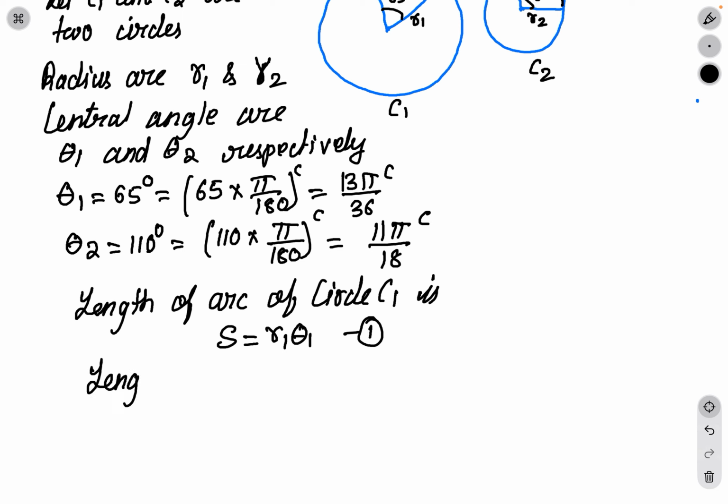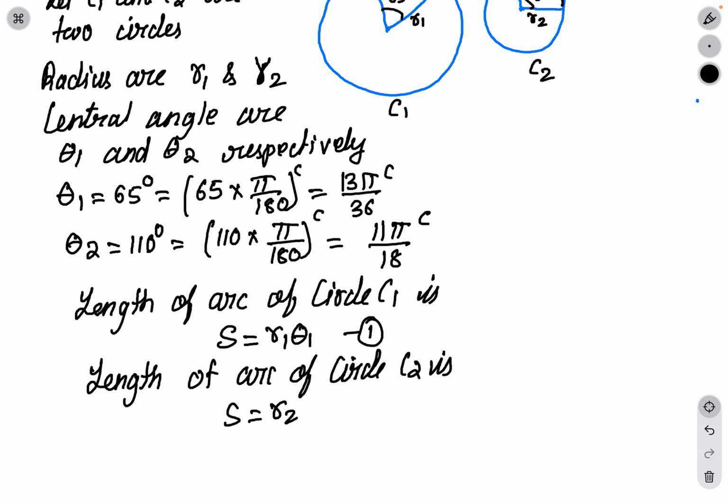Length of arc of circle C2 is S is equal to R2 theta 2.